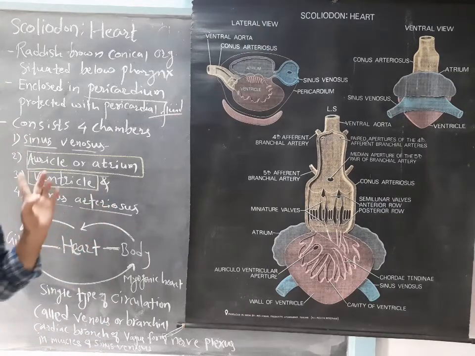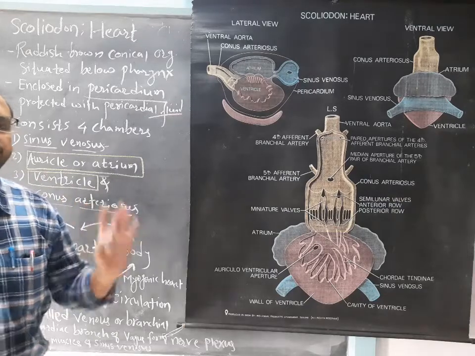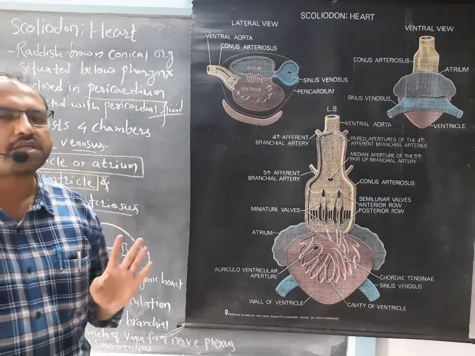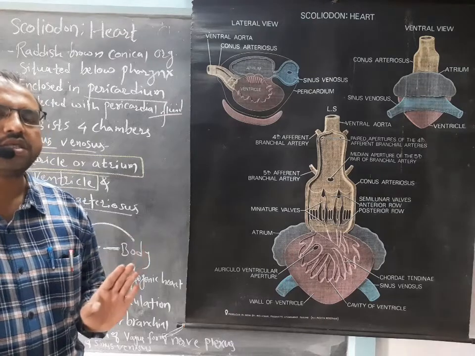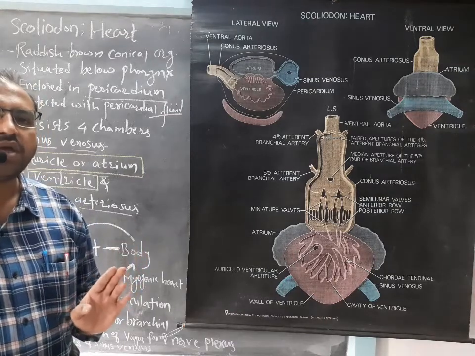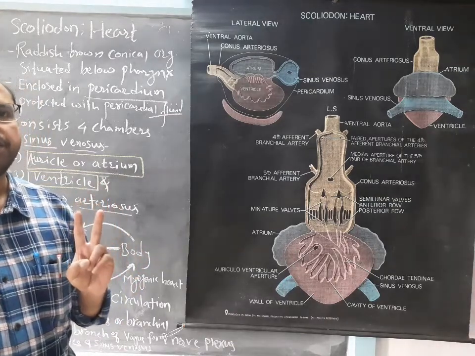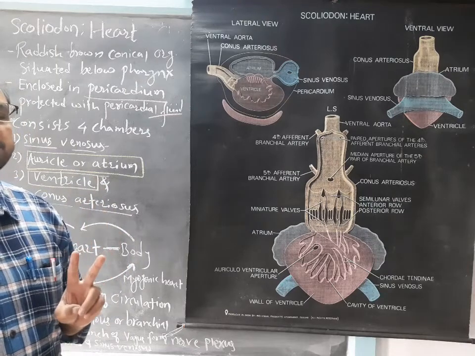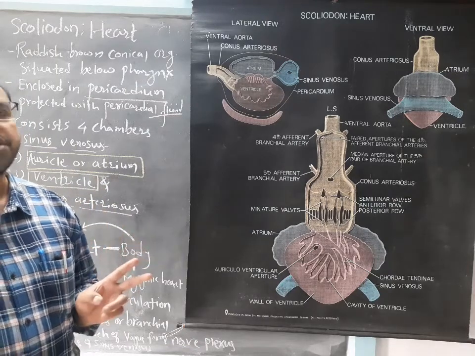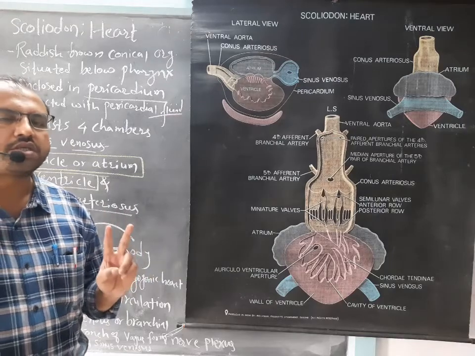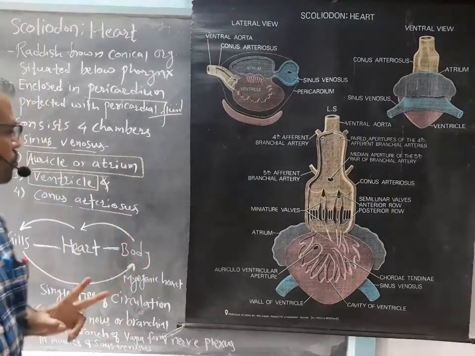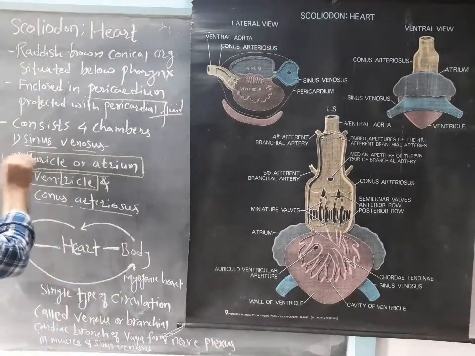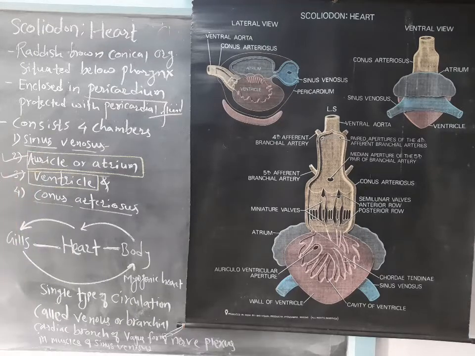Though there are four chambers, we have studied in the characters of class Pisces that fishes have only a two chambered heart. That's why in Scoliodon, as it belongs to the fishes, only two chambers are considered true. Which are these? The auricle and the ventricle.